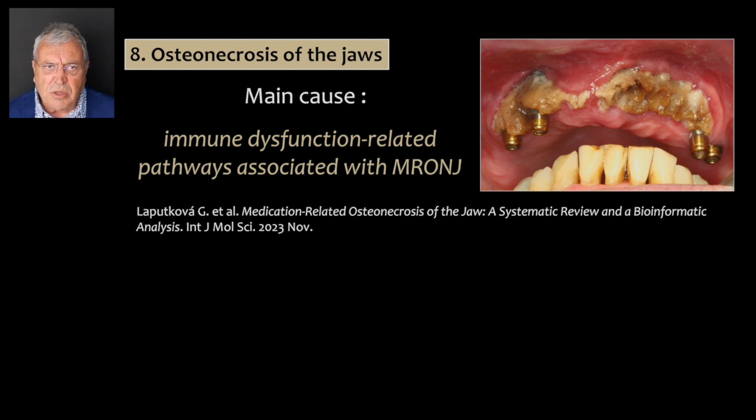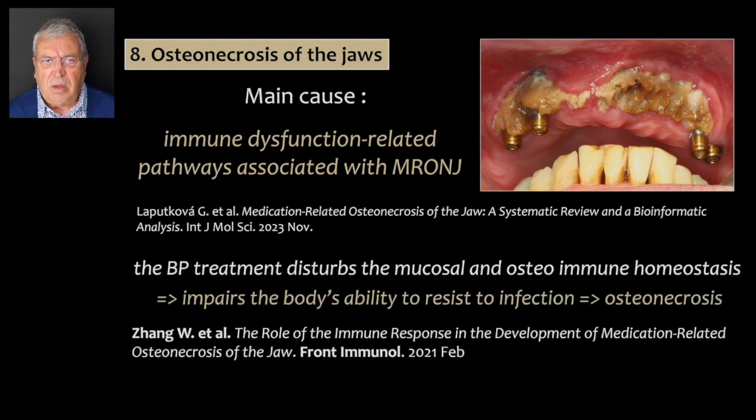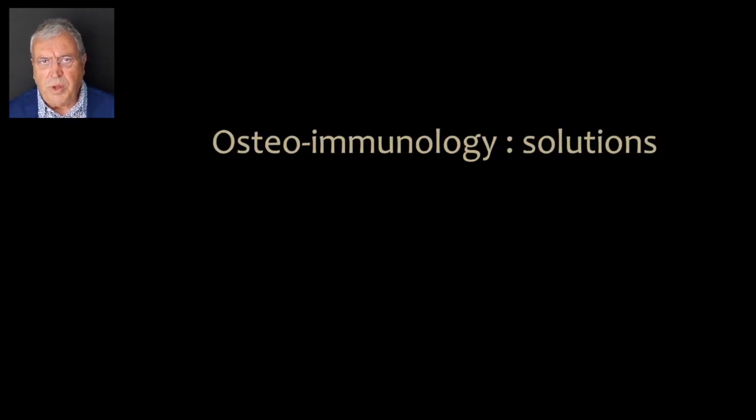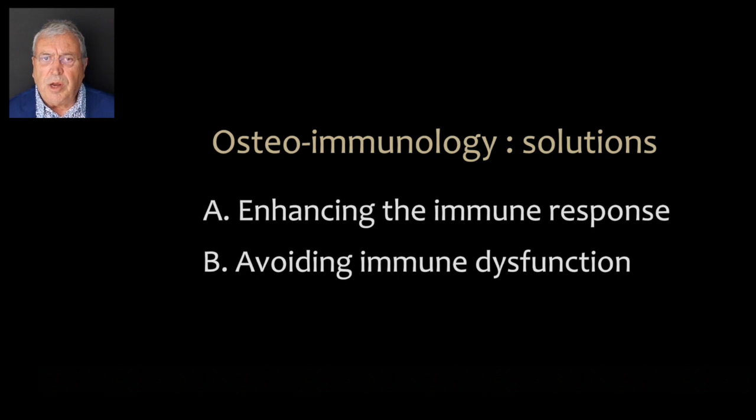When they take bisphosphonate, there is a disturbance of the mucosal and osteoimmune homeostasis, leading to infection and then osteonecrosis. So we understand the mechanism. It means that now we can propose a solution. We need to enhance the immune response, and we need to avoid immune dysfunction.